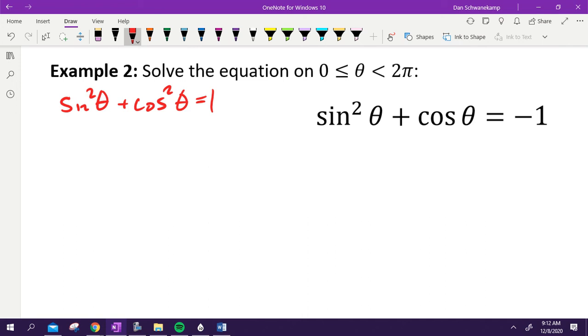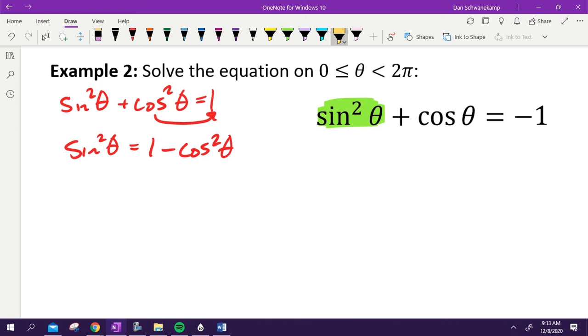I want to change this guy. That's the one I'm going to change because it's squared. I'm going to change it, and I want to change it to cosine. So what could I substitute in for sine squared? Yeah, I want to get sine squared by itself, and so I would move this over. So it would be 1 minus cosine squared. That is what sine squared is equal to.